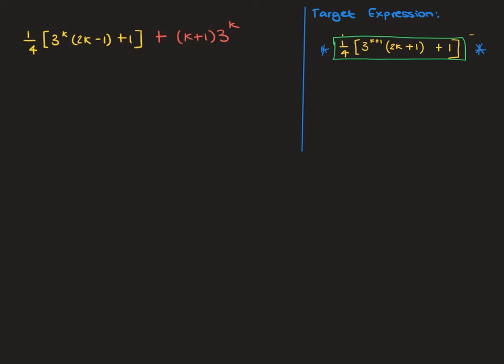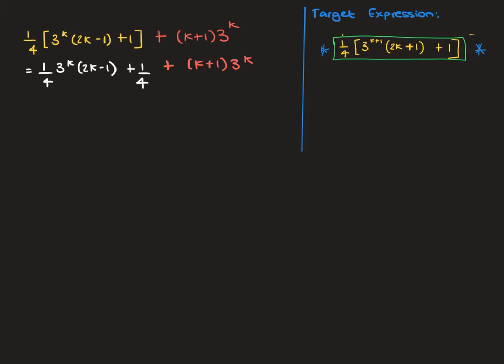Now it's clear that there's a factor of 1 at the very end of this, which will be multiplied by a quarter. So what I'm going to do is say that we've got a quarter, 3 to the k, 2k minus 1, plus a quarter, so expanding the yellow part out. And then the red part I will leave as (k plus 1) multiplied by 3 to the power of k.